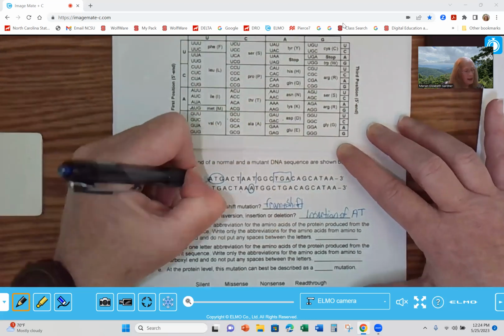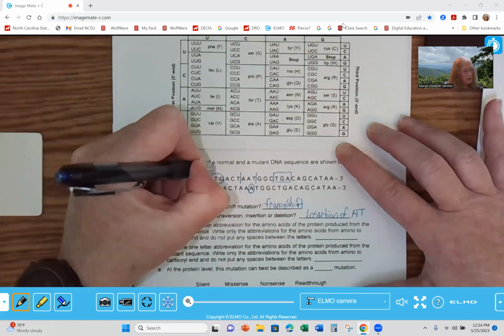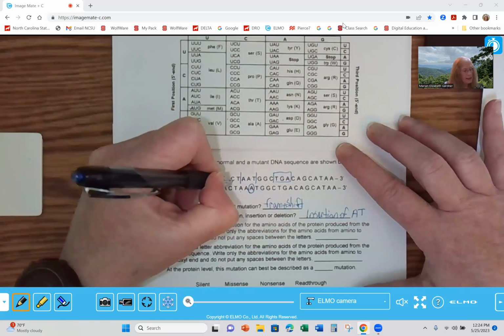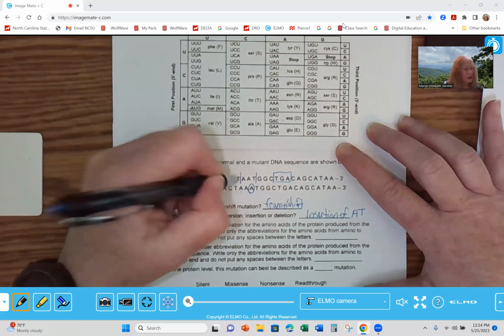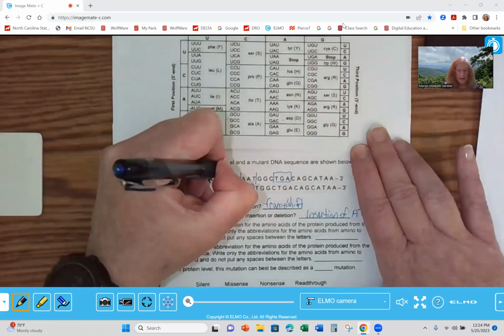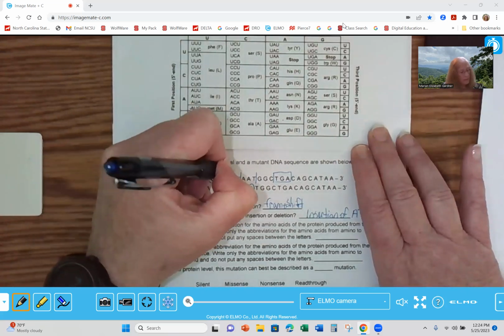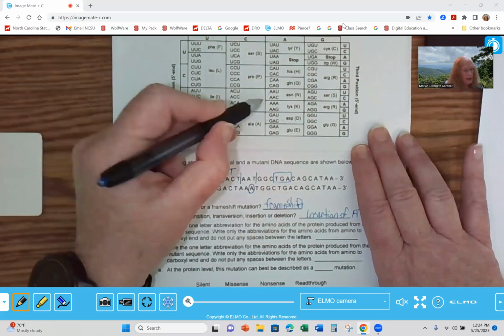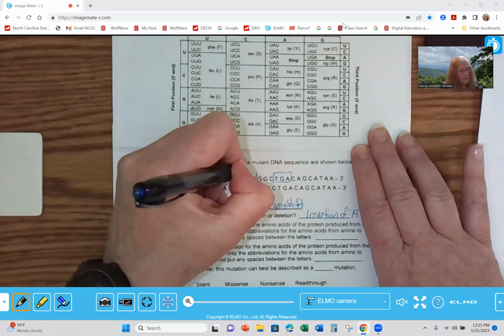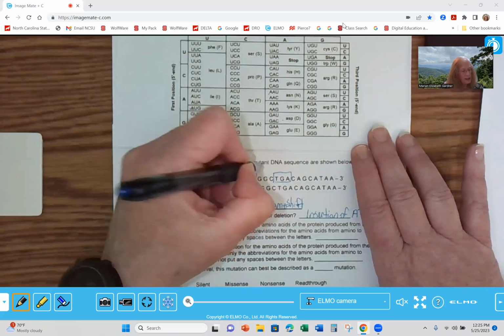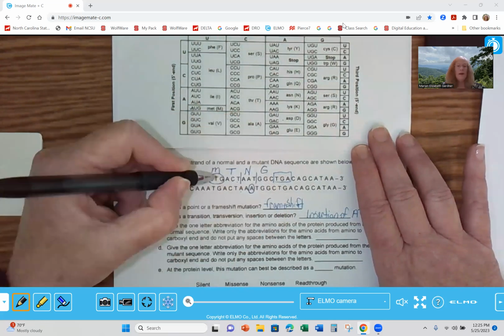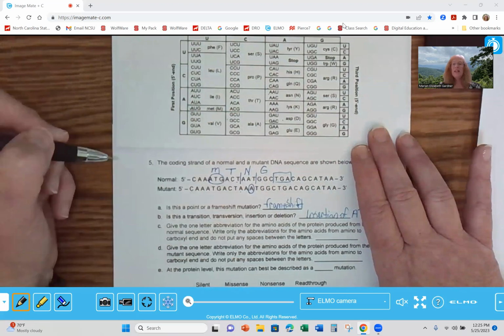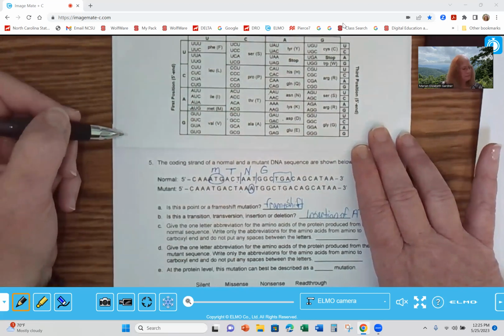And let's see, AUG codes for methionine. ACT, it's like ACU, codes for threonine. AAU codes for asparagine. And GGC codes for glycine. MTNG. Didn't spell a thing this time, did it?